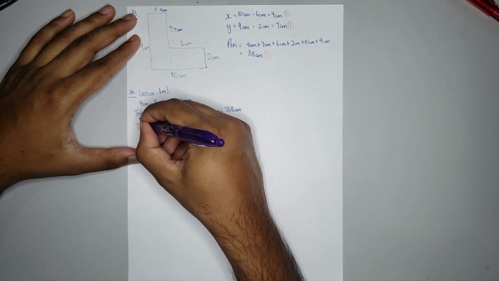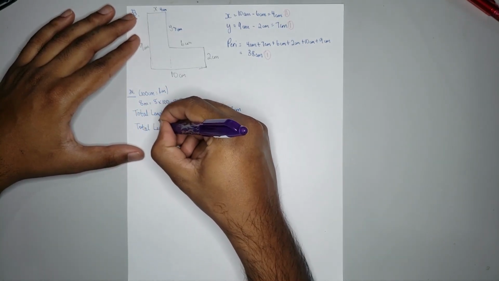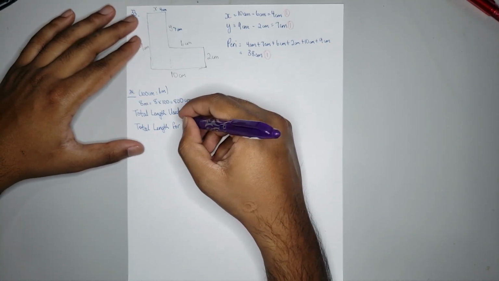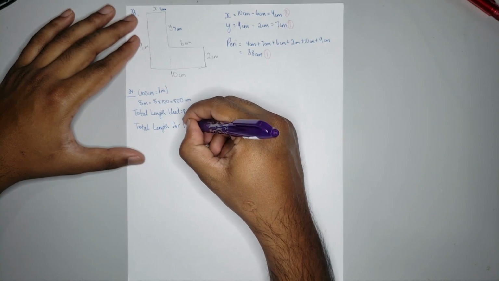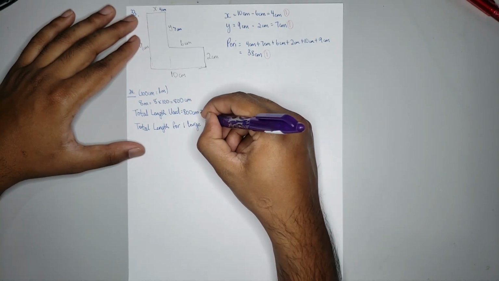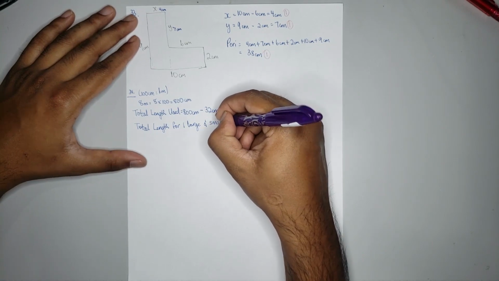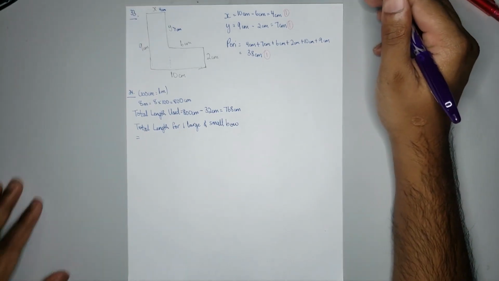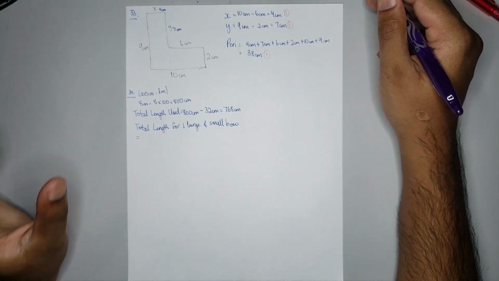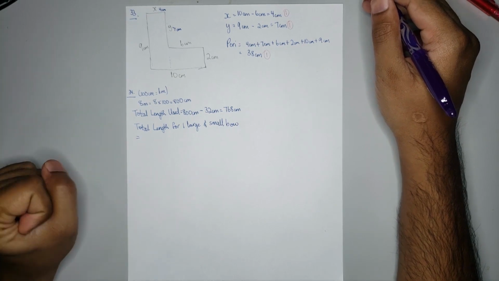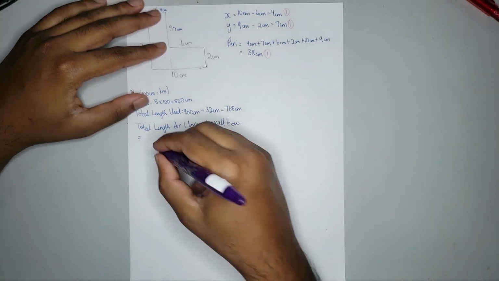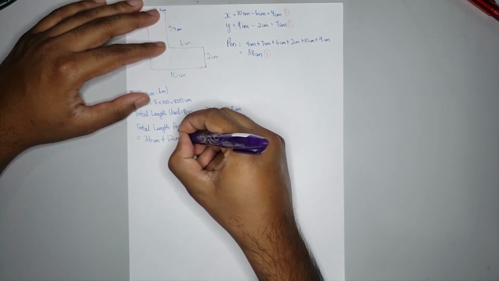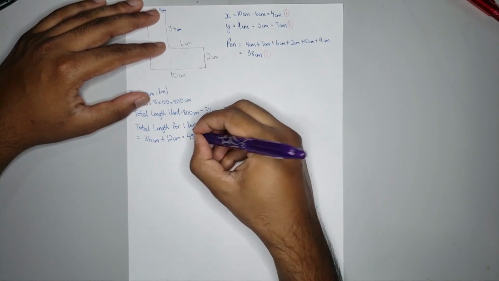The total length for one large and small bow will be equal to, so you want to calculate now the total length she will be using to make a large and small bow. That will equal 36 centimeters, which is the large, plus 12 centimeters, which is the small, which is equal to 48 centimeters.